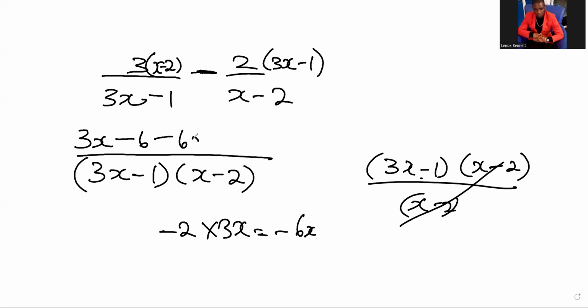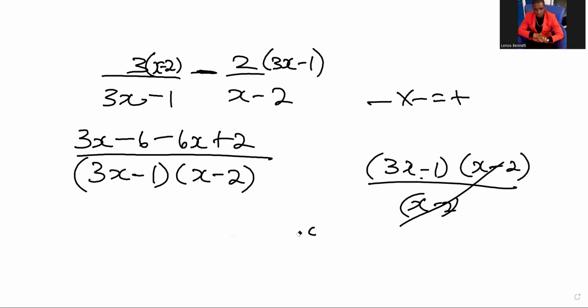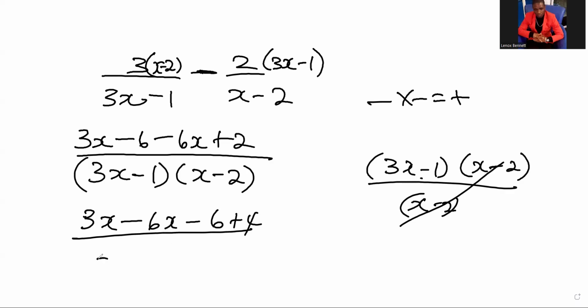So that's minus 6x. And negative times a negative, I just wrote the rule, positive. So that would give you a positive 2. Alright, we can group the like terms now: 3x minus 6x, minus 6 plus 4, over the LCM.